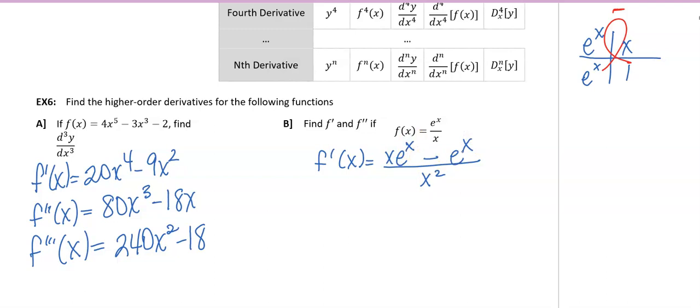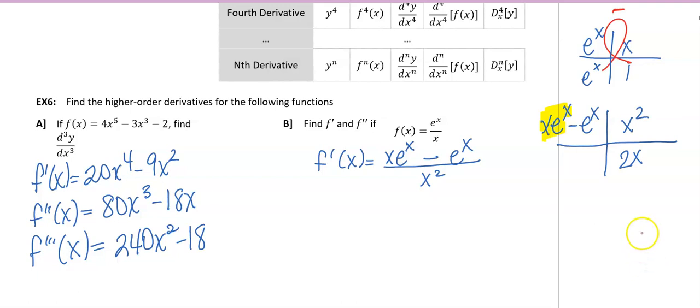Now for a second derivative, I see another quotient. And it might be better if we change it to a product, but let's go with it. We have x e to the x minus e to the x, denominator x squared. But I have a problem. This is another product.